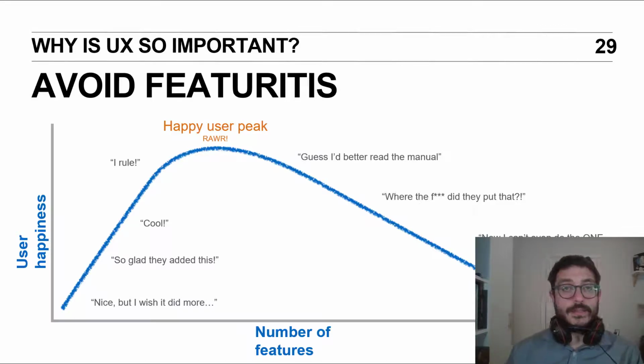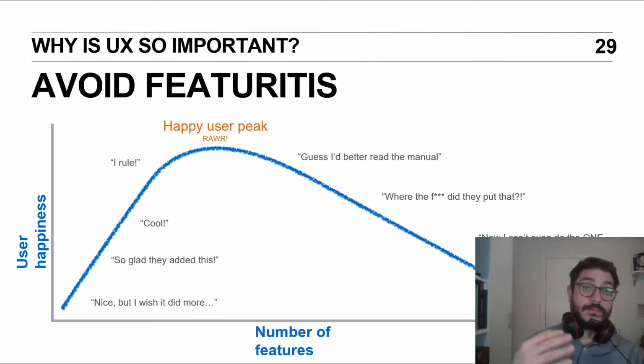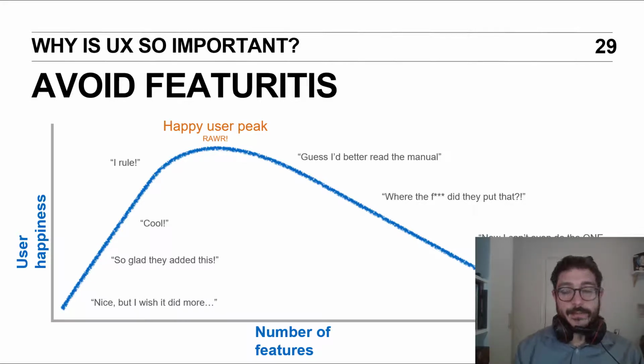And there you go. So you can see underneath on the X, you can see the number of features and you can see the user happiness. Think about, for example, Microsoft Word or any application to write. They have a huge amount of features. How many of those do you actually need? So do you really need all of them?